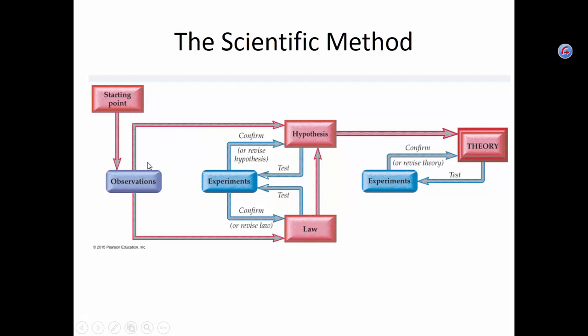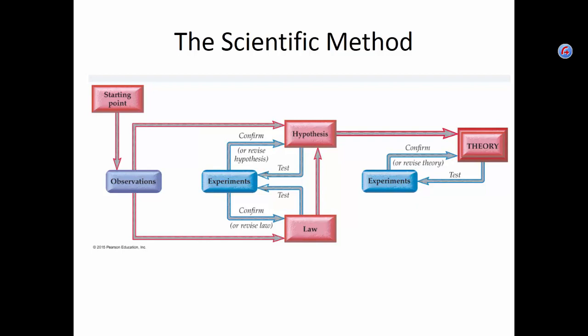To start with, science is about observing the world. So we make observations about the world. We see something, we hear something, we smell something, and from that observation, we come up with some kind of a hypothesis. So a hypothesis is a potential explanation for what's going on.